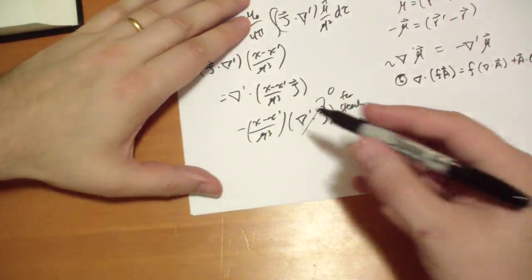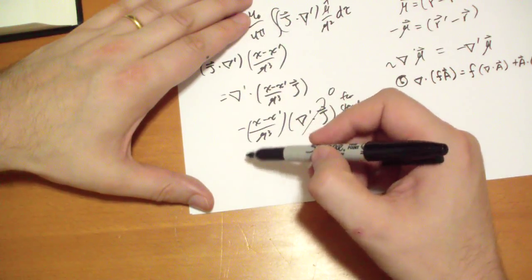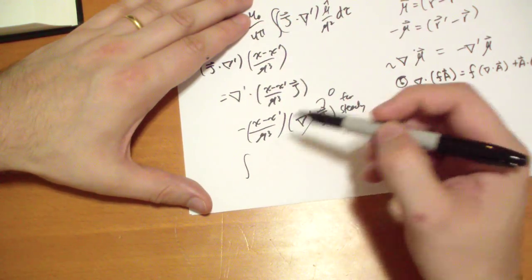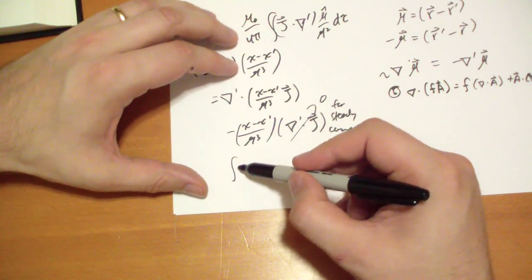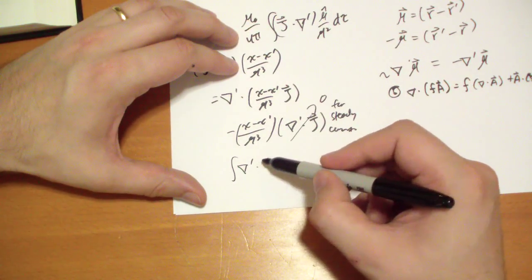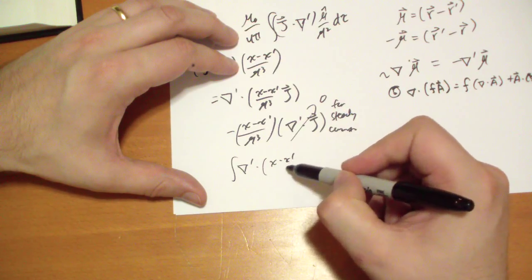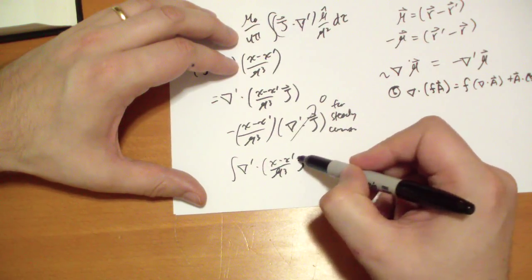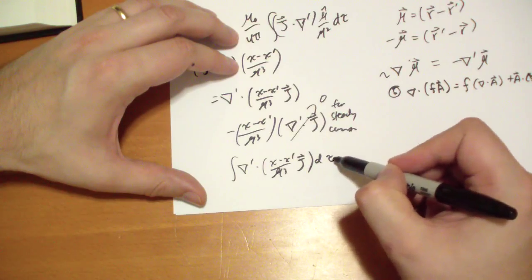So the contribution to the integral is going to be the integral across that surface of x minus x prime over r cubed times the j vector d tau.